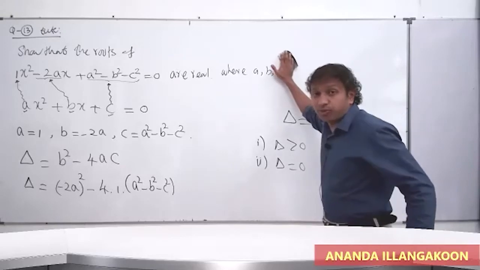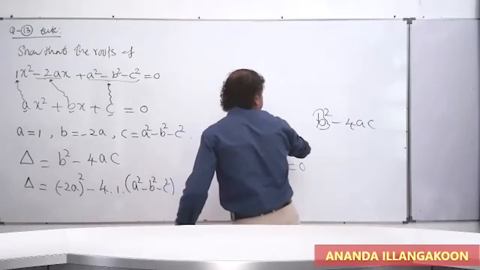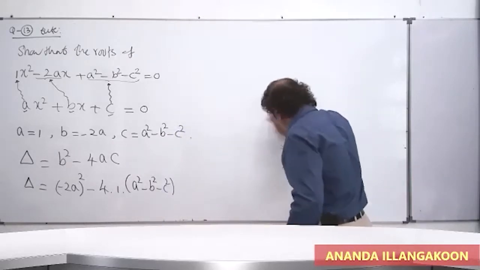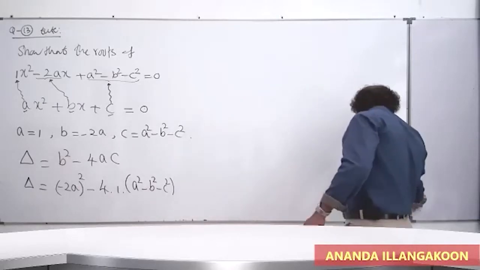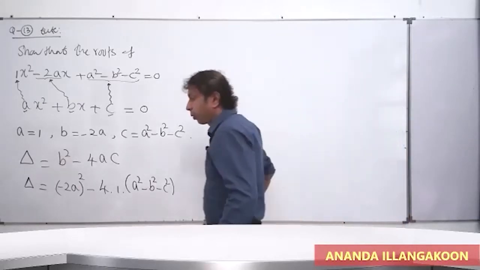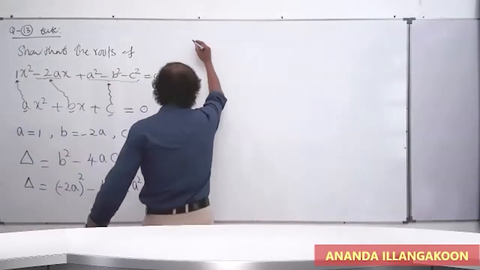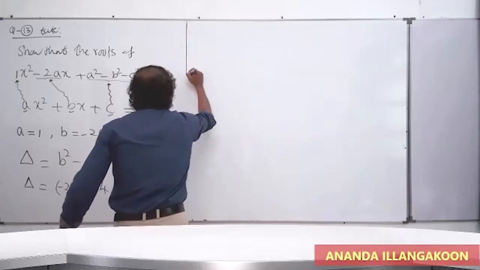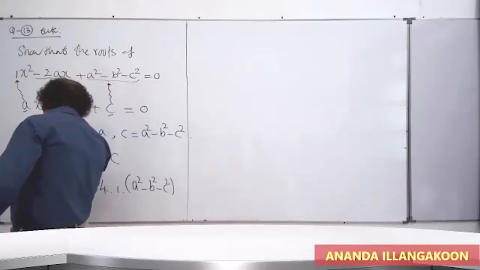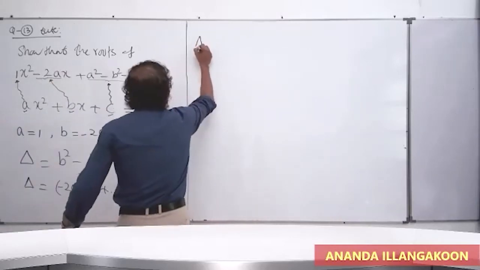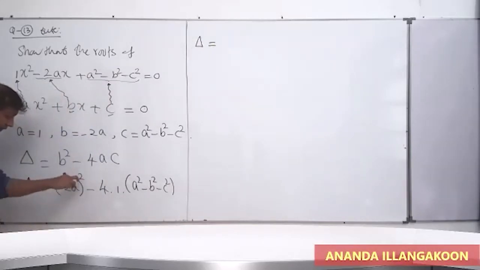Now we'll simplify this further, people. Here, delta. Minus 2A squared. How to square this?